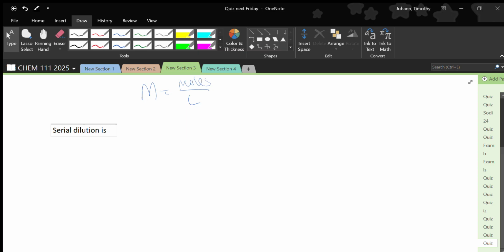Serial dilution is when you dilute a solution and then you dilute the diluted solution, and you might repeat.